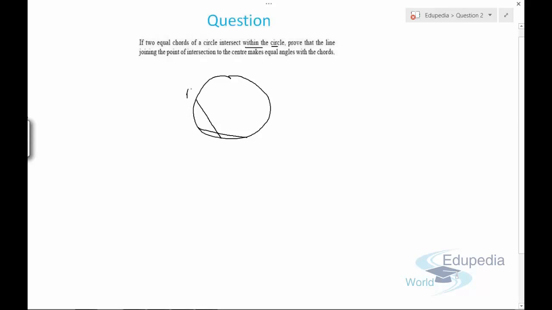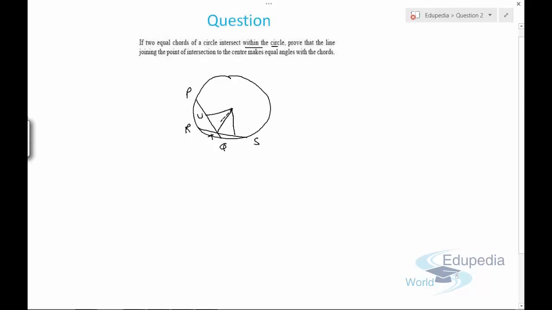Let's say this is P, this is Q, this is R, this is S. Now let's say this is the center, right? And this is the point of intersection T. Now, let's say we draw a perpendicular from this to this and from this to this.